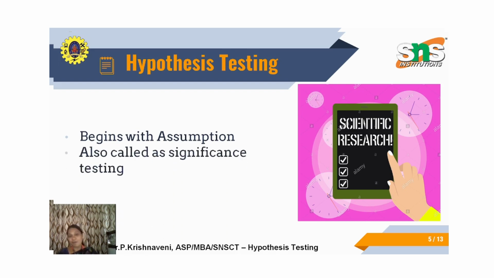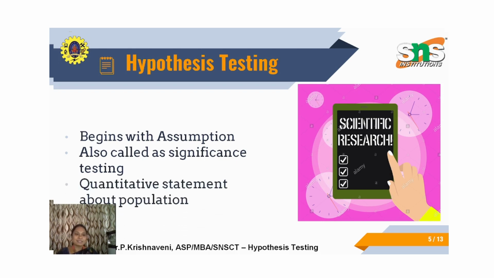We also call it significance testing, and normally it starts with a quantitative statement about the population. In a blood test, when a person is being tested, obviously a sample of blood is taken.